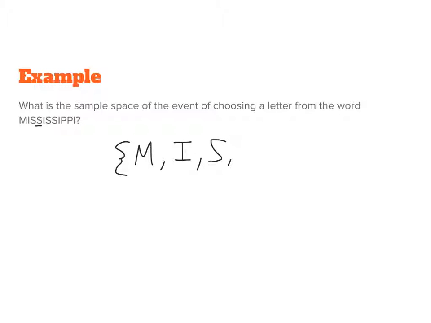We only list it once. So we can skip this S, skip the I, skip an S, S, I, and then we get a P. We don't have to list it a second time. We've already got I. So even though there are 11 letters in Mississippi, the sample space is only 4 letters, because there are only 4 different letters that we use to spell the word Mississippi.